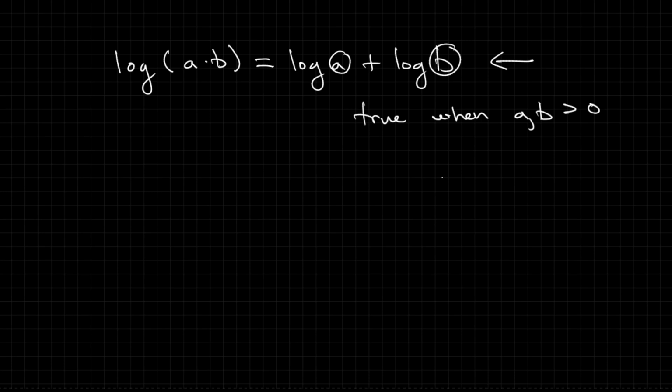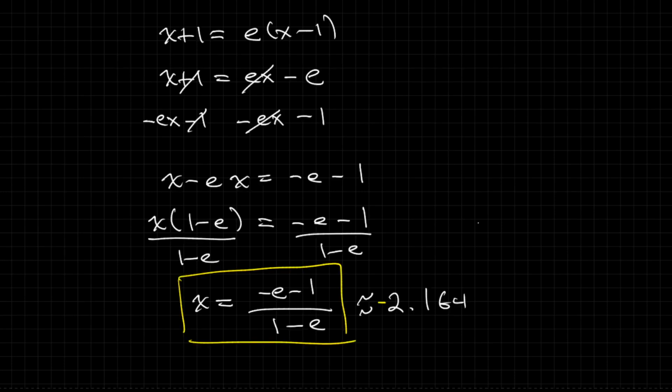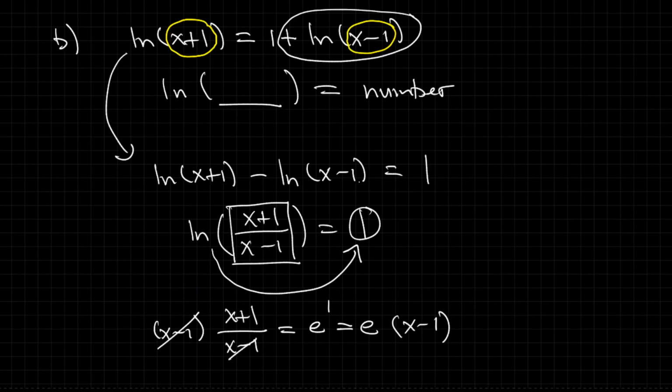So essentially, at the end of each problem, what we're really checking is, if this is my x value, can I actually apply the logarithm property that I want to be true? If one of these ends up being less than or equal to 0, then you can't apply the logarithm property, and so we discard that solution.